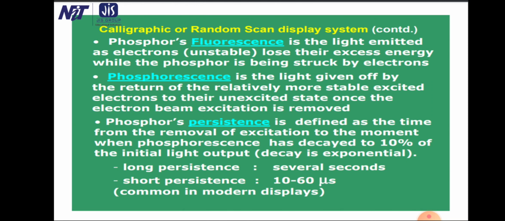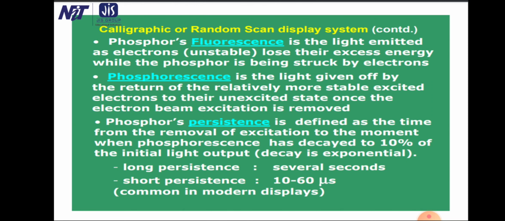Phosphorescence is the light given off by the return of the relatively more stable excited electrons to their unexcited state once the electron beam excitation is removed.